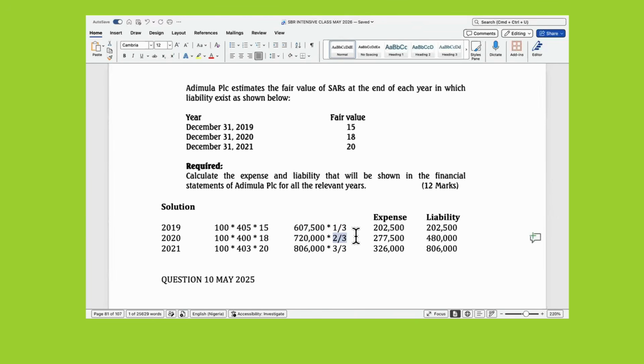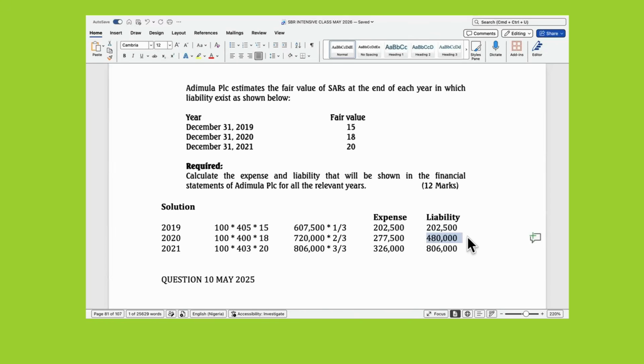That's why we multiply by 2/3, which brings our liability from 202,500 up to 480,000, which shows that there is an increase in liability.